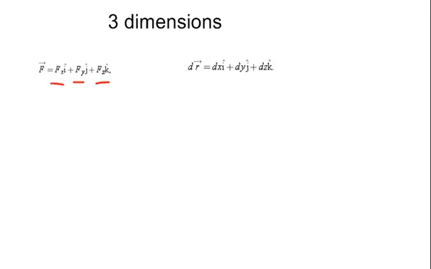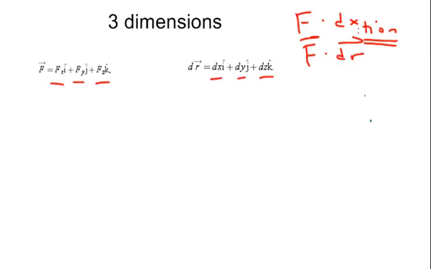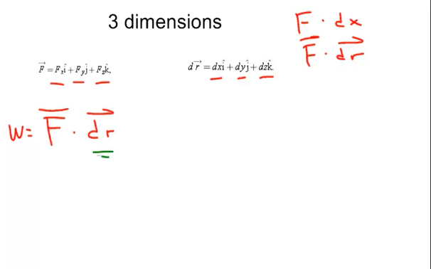What we do is, instead of thinking about f dx, we're going to think about f dot dr, where dr is the change in x plus the change in y plus the change in z position. Well, this isn't too hard to deal with, because our work is f dot dr. So it's our force times a little bit of distance.